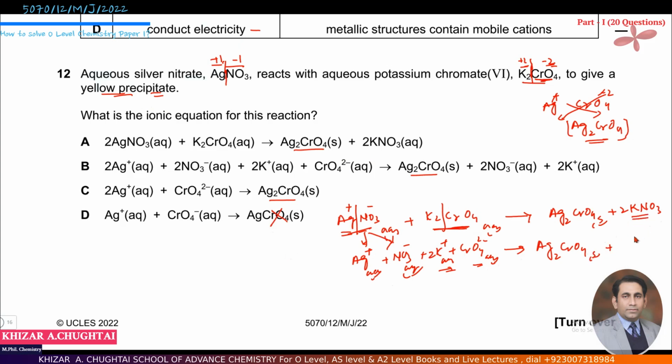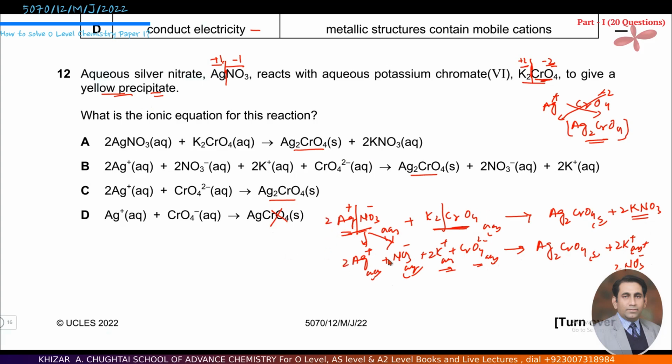However, potassium nitrate makes ions: 2 potassium positive ions aqueous plus 2NO3 negative ions aqueous. Balancing the equation, I put 2 over here. Now this is a balanced equation.